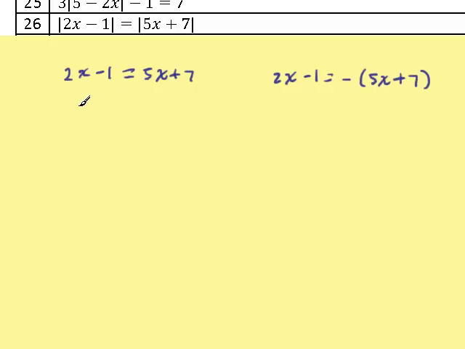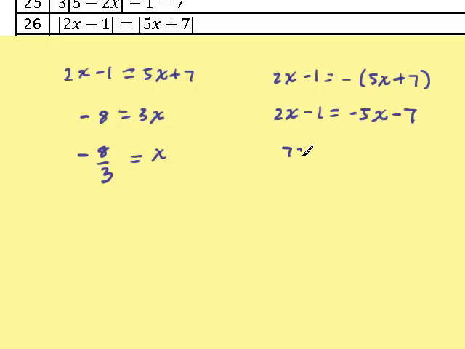Solve both. All right, let's subtract 2x from both sides, so here we get a 3x. And let's subtract 7 from both sides, and we get a negative 8, so x is equal to minus 8 thirds. And on this side, open parentheses, minus 5x minus 7. Add 5x to both sides, 7x. Add 1 to both sides, and we have x is equal to minus 6 over 7.